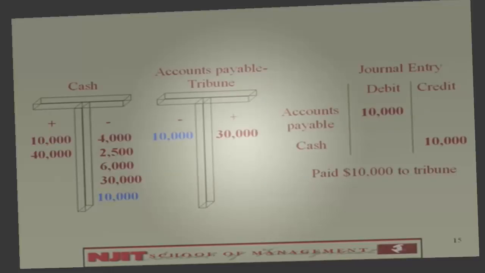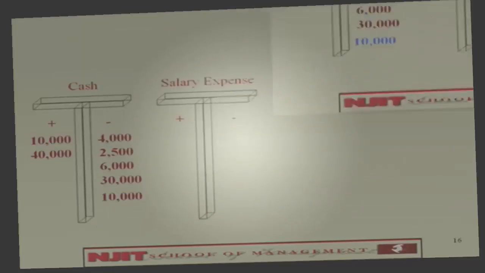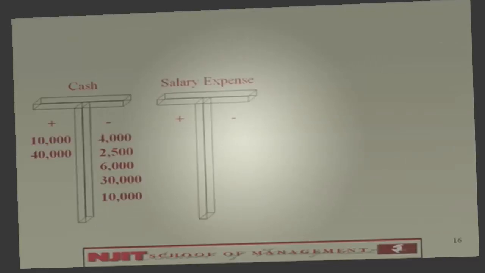What's the next one? The company paid 5,000 cash for salary expense. So, what two accounts are impacted? Cash and salary expense. Here, cash, you already had prior transactions, and salary expense, up to now, nothing's happened.